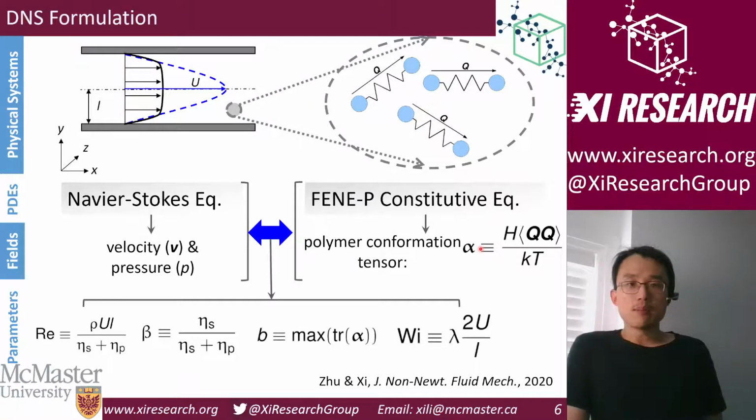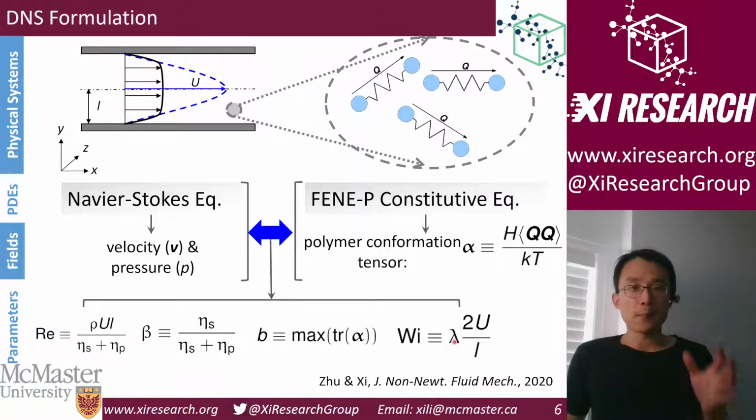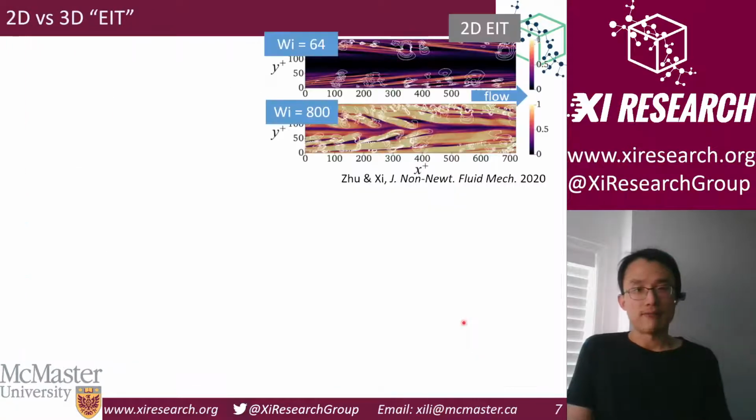The coupled system has 4 non-dimensional parameters, and for the purpose of understanding this talk, you only need to remember the last one, the Weissenberg number, which is the product between the polymer relaxation time and the characteristic shear rate of the flow. So a higher Weissenberg number means that your polymer is more effective at increasing the elasticity of the fluid. It is more effective at affecting the flow field.